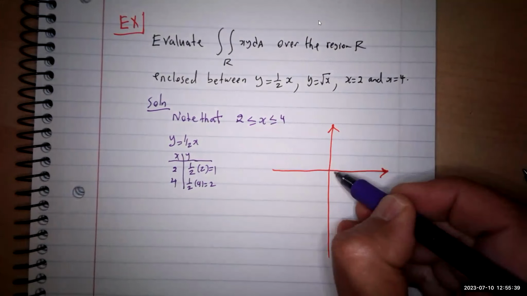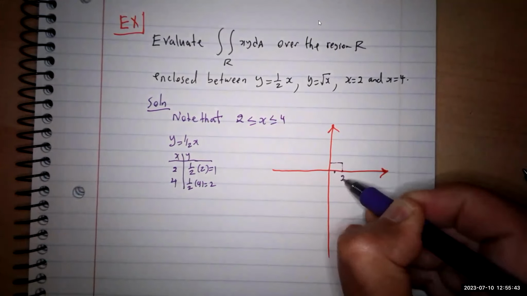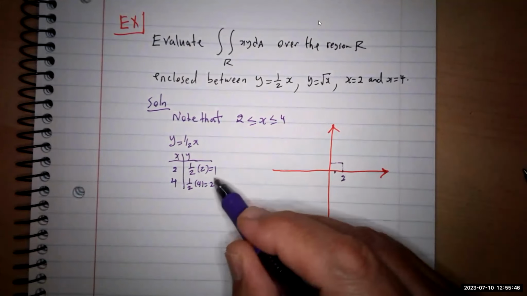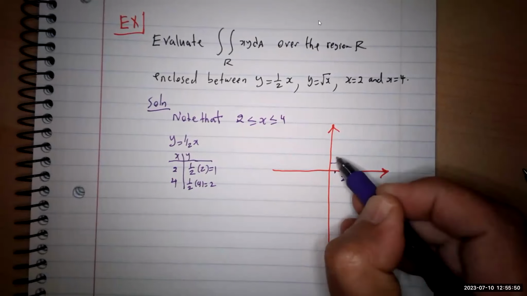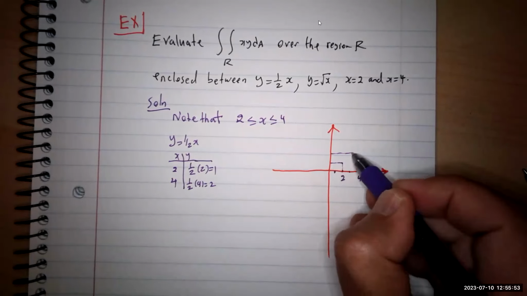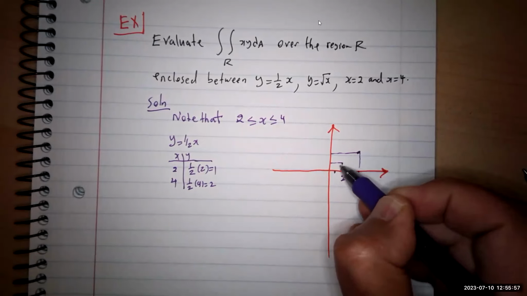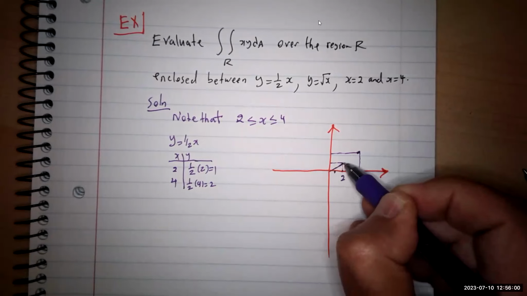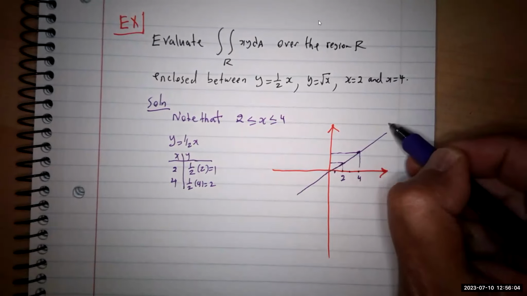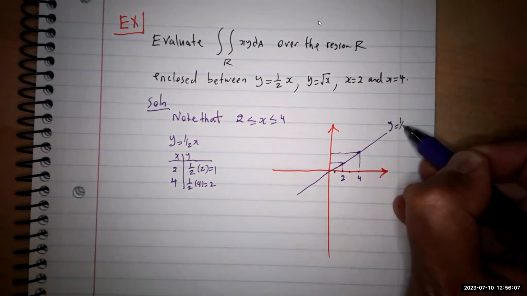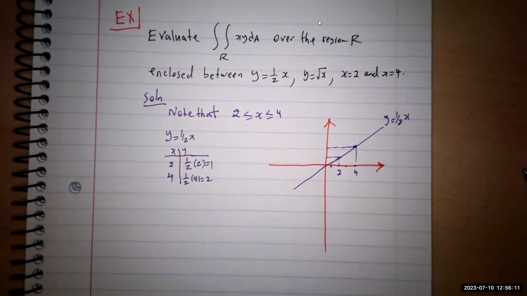So 2, 1, and 4, 2. It's going to be the line passing through the origin, and you don't need a tool. So it's going to be y equal to 1/2 of x. Any question?